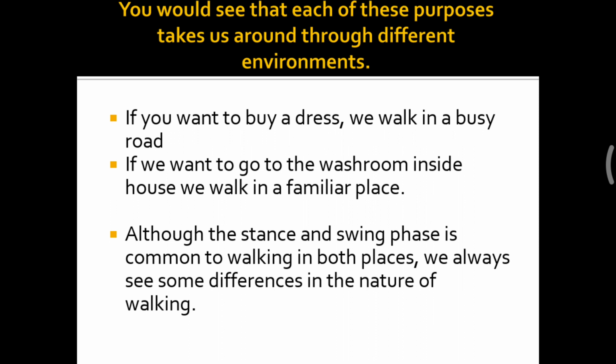We know that the gait involves stance and swing phase, and that's common to walking in both places. But we always see some differences in the nature of walking when we walk in a familiar place, within a home environment, and when we walk in an outside environment.